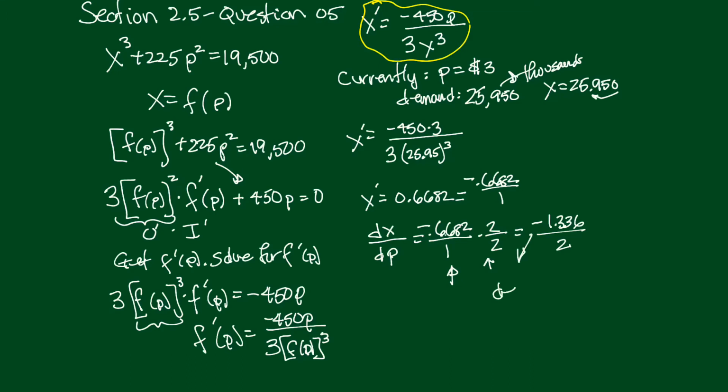A decrease by 1.336 thousand. So let's just go ahead and write this as thousand. Let's just move it over. So we're going to decrease by how much? 1,336. I think that's going to be our answer. So as the price increases from $3 to $5, right, increases by 2, the demand will decrease by about 1,336.